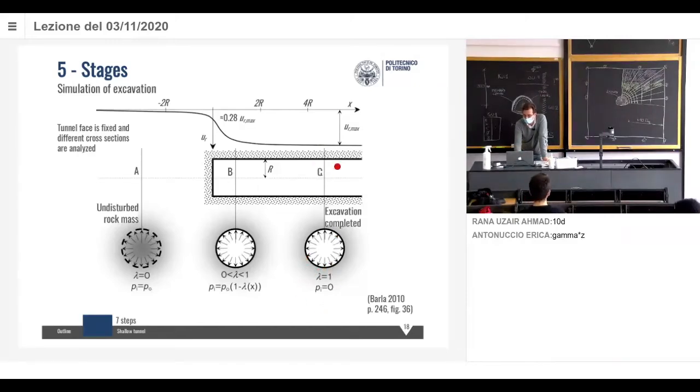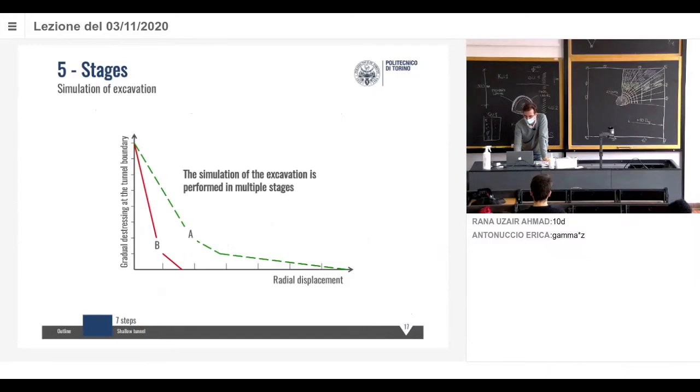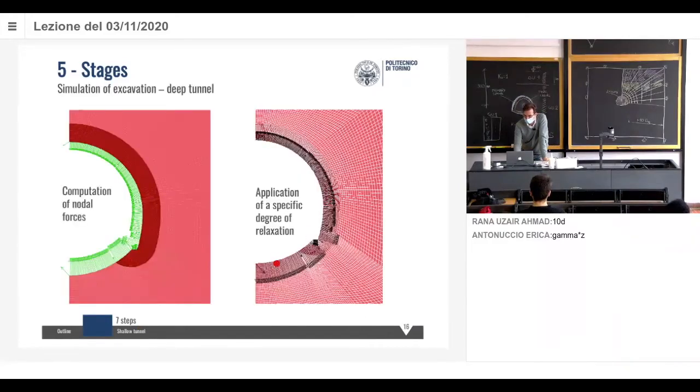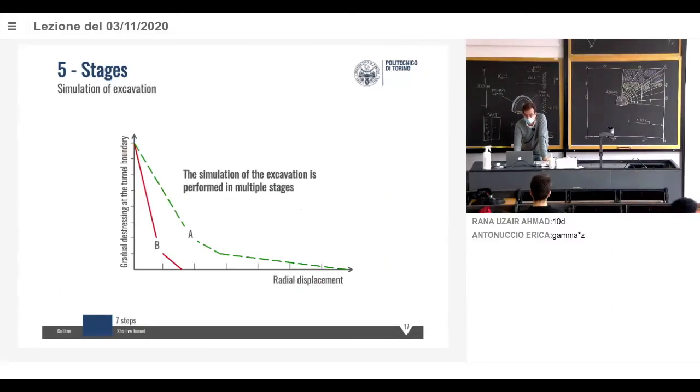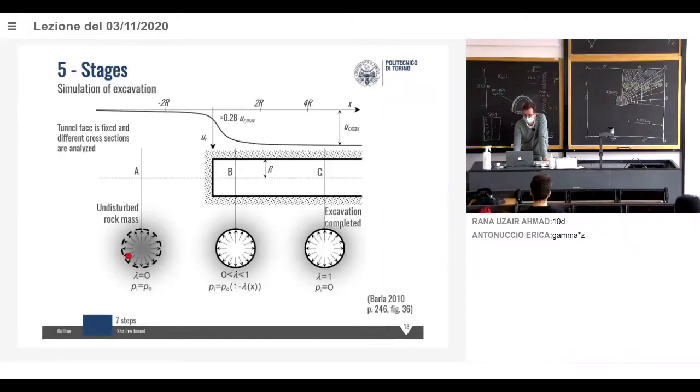When we are down here, lambda is 0, that means the internal pressure is equal to P0, the initial state of stress. Nothing is happening. These black arrows are exactly the same as the ones we have computed. There's no excavation taking place here.